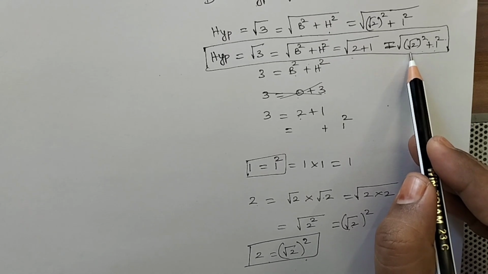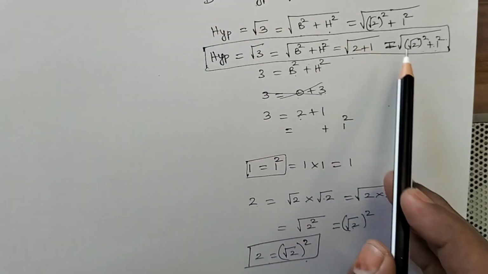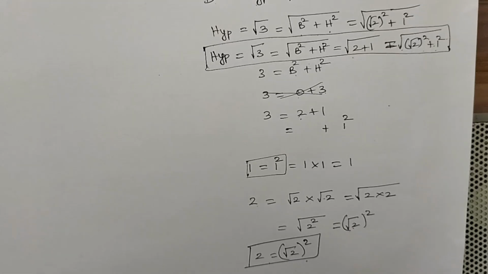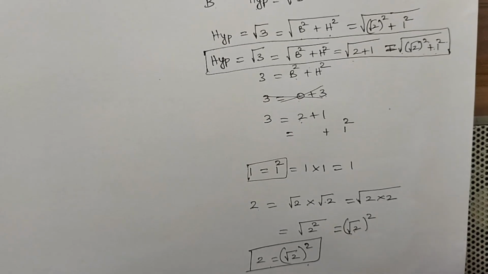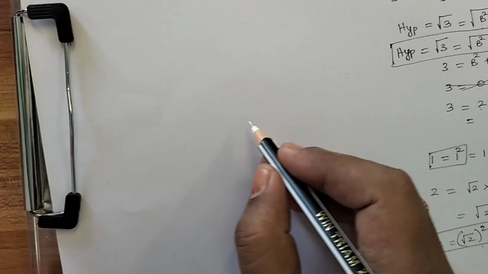So since it is an irrational number, again I have to consider a right angle triangle for root 2 similar to your example 3. So whatever the steps we have followed in example 3, all those steps we are going to consider. I will tell in a very simple manner.